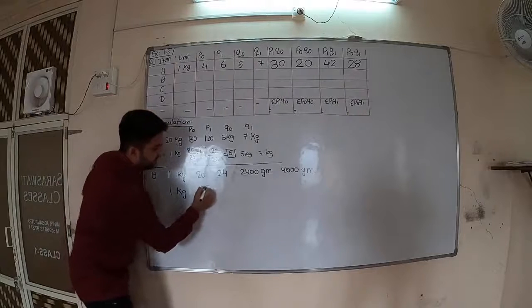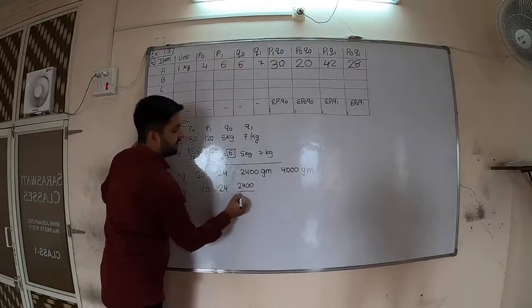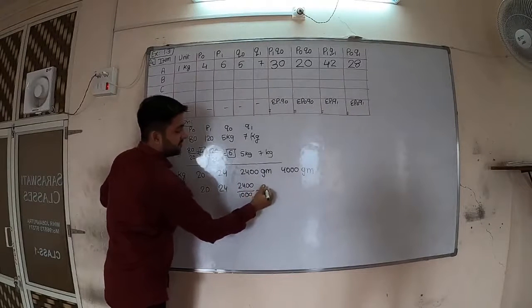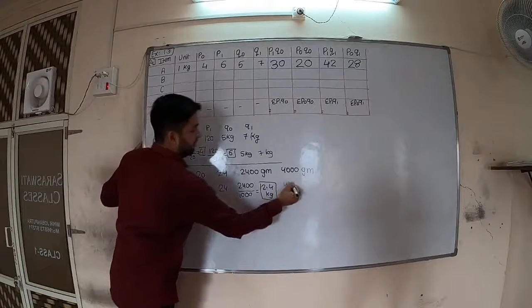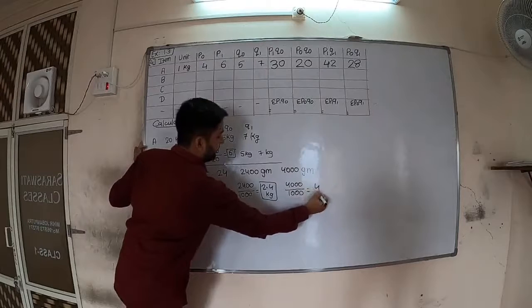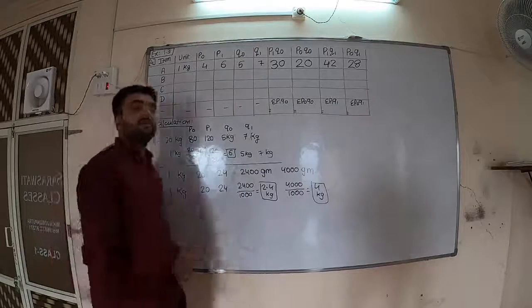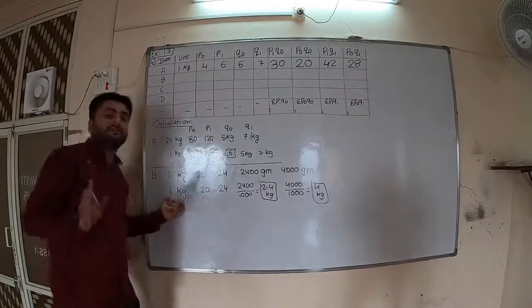1 kg, 20, 24, 2400 divided by 1000. We are going from small to big unit. So 2.4 kg, 4000 divided by 1000, so 4 kg. Now you check, we do not need to solve the second step, because now the unit is already 1.